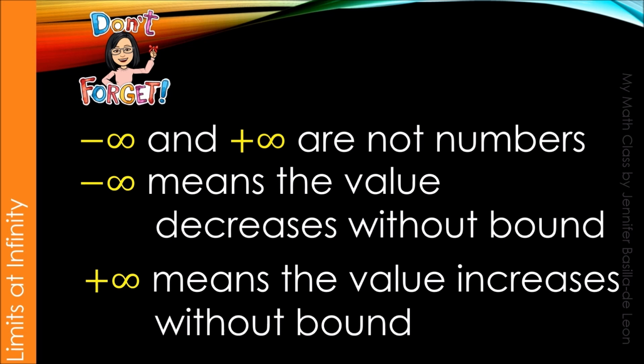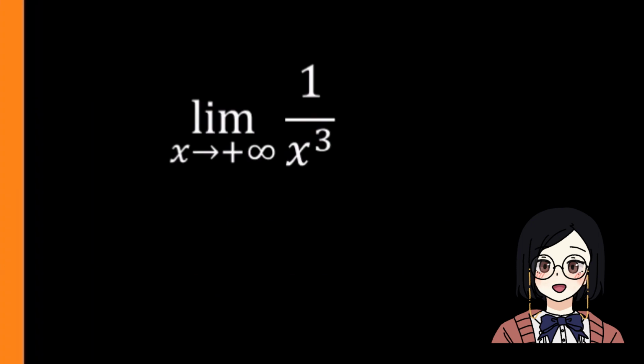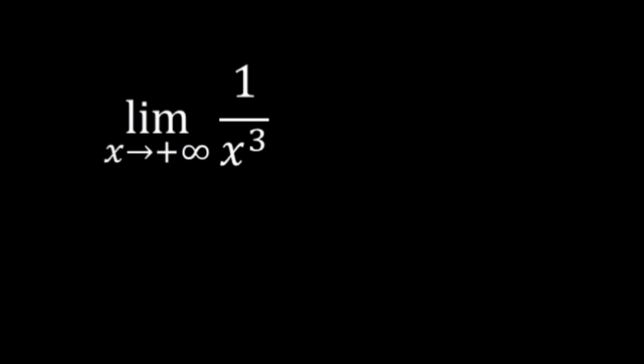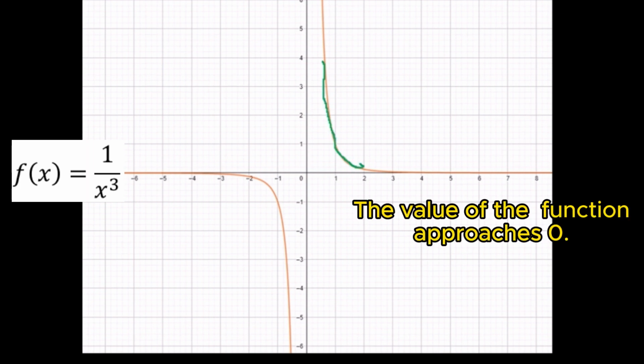Now, what if these conditions were exchanged? Meaning, the independent variable either decreases or increases without bound. Consider the limit of 1 over x cubed as x approaches positive infinity. Using the graph of 1 over x cubed, notice that as the value of x approaches positive infinity, the value of the function approaches 0.